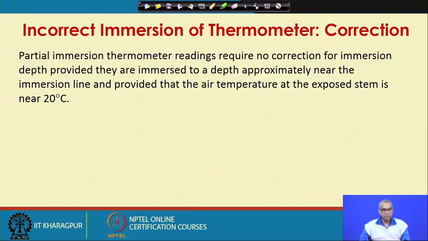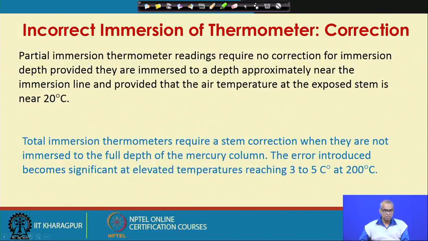So, if I take a partial immersion thermometer and immerse it to the depth near the indicated depth and the temperature of the surrounding to which the stem is exposed is around 20 degrees Celsius, no correction is needed.